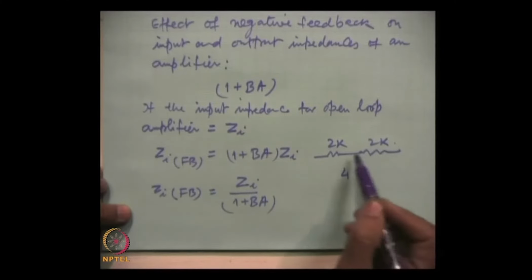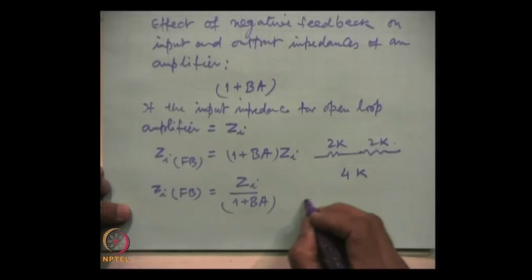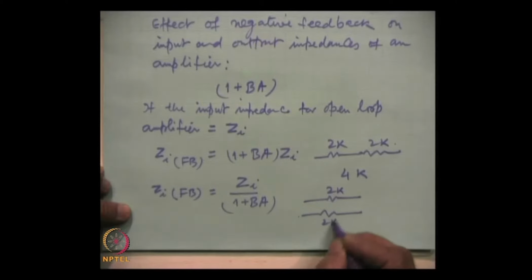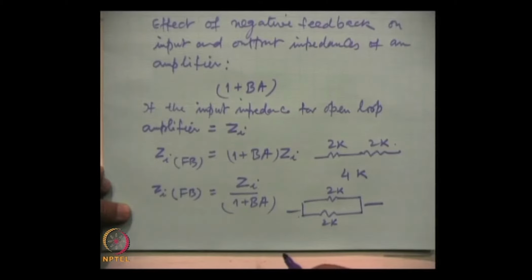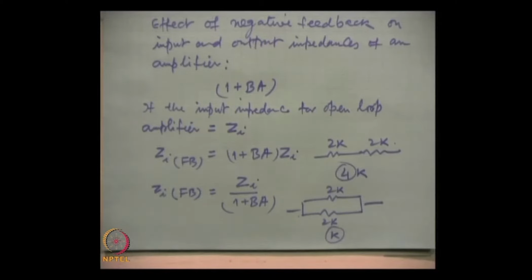If the same 2 k and 2 k impedances are connected in parallel, then apply the simple resistance rule: 1 by 2 k plus 1 by 2 k is equal to 1 by effective resistance, and that comes out to be 1 k. So, this is reduced to 1 k. So, in shunt they reduce, in series they increase.